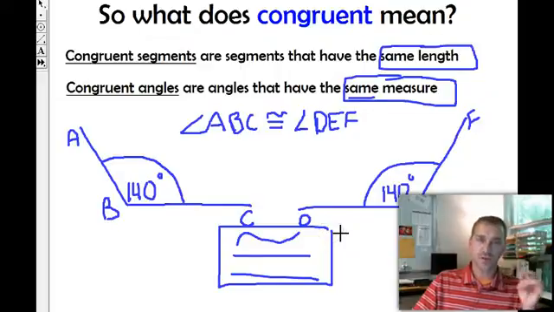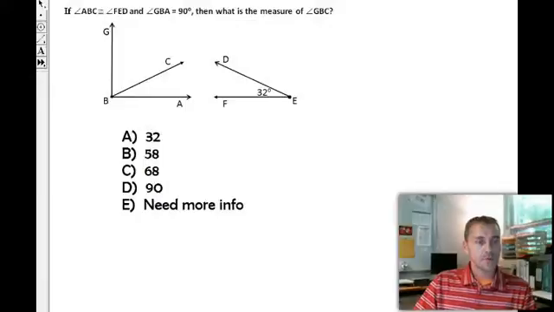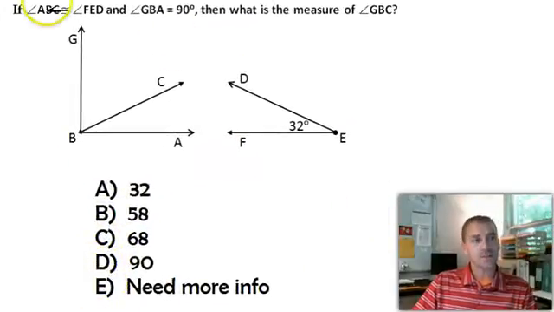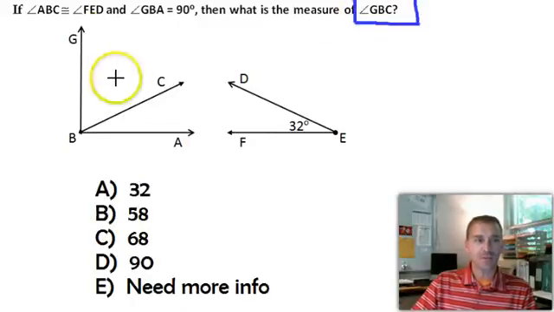So here comes your CPQ question. You can see on the screen, it's an A, B, C, D, or E response. The question up here says, if you know for a fact angle ABC is congruent to angle FED, and you also know angle GBA is 90 degrees, the question is asking you, oh baby, what is the measure of angle GBC?